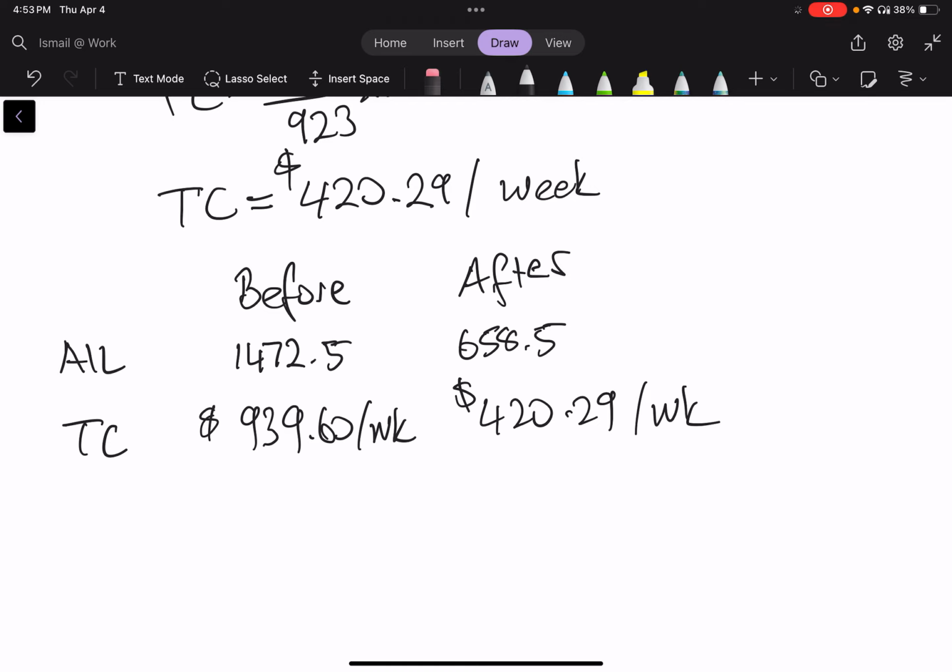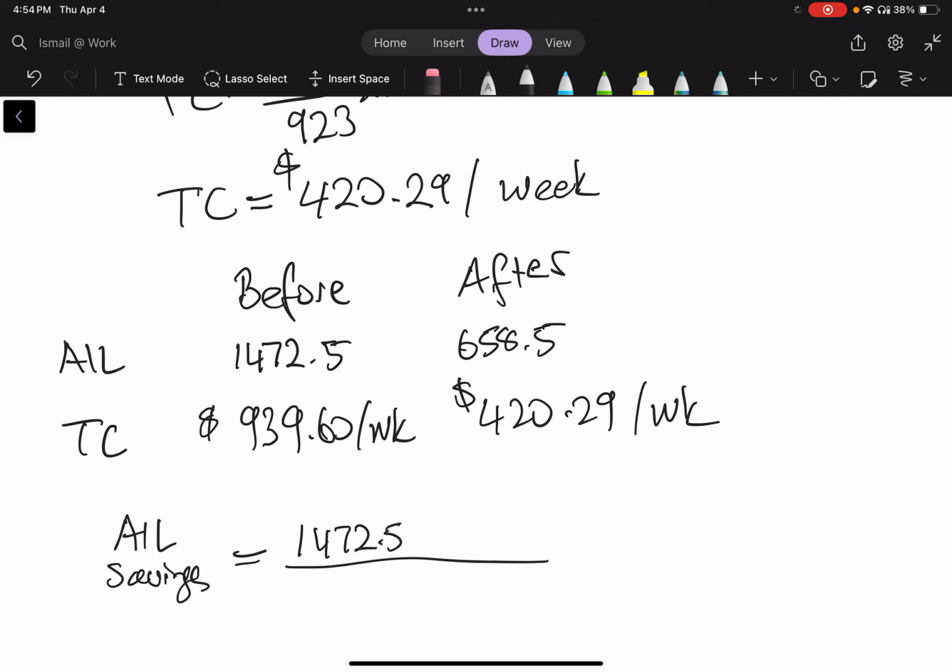Total cost I can calculate savings. Okay, as a percentage, I can calculate that before consolidation, I had this many. After the consolidation, not that much, 658.5. And then if I ratio and multiply by 100, I can say, let me see how much is that saving.